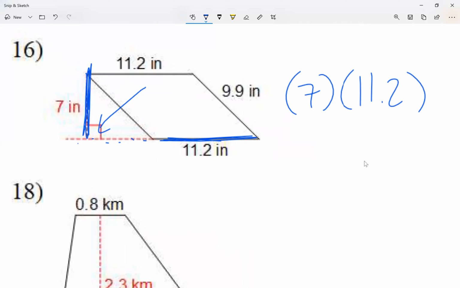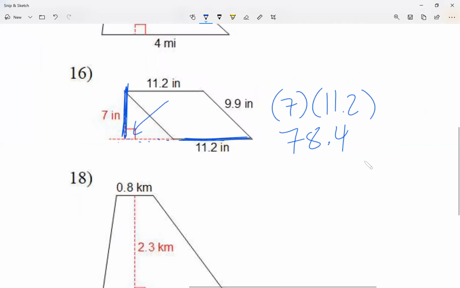There's a 9.9 that I'm not even going to use. So 7 times 11.2 happens to give me 78.4. Again, don't think you have to use every number given. You're only using the two numbers that meet at the 90-degree corner.